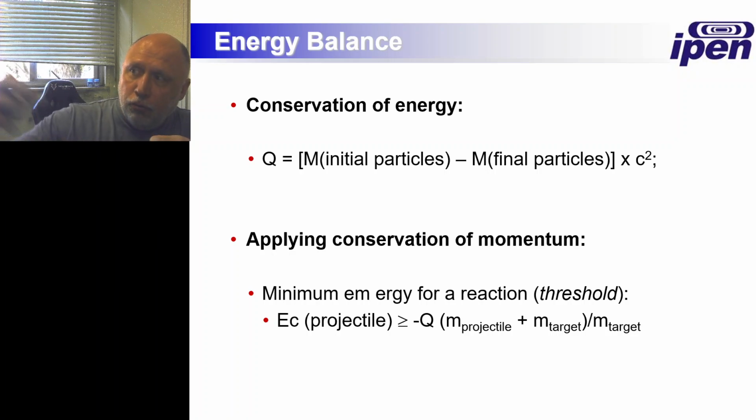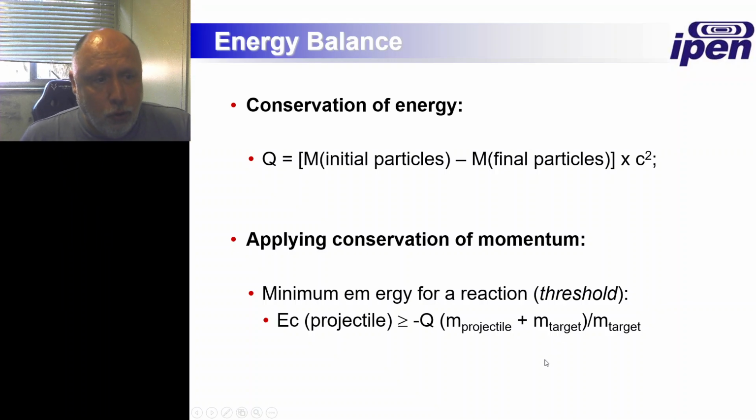So you have to have some recoil of the particles later. If we do some math, you see that the minimum energy for a reaction to happen is minus Q times this. Meaning that if Q is positive, this energy will be negative, meaning any energy is enough. So exothermal reactions can happen with particles of any energy. There's no limit, no threshold.